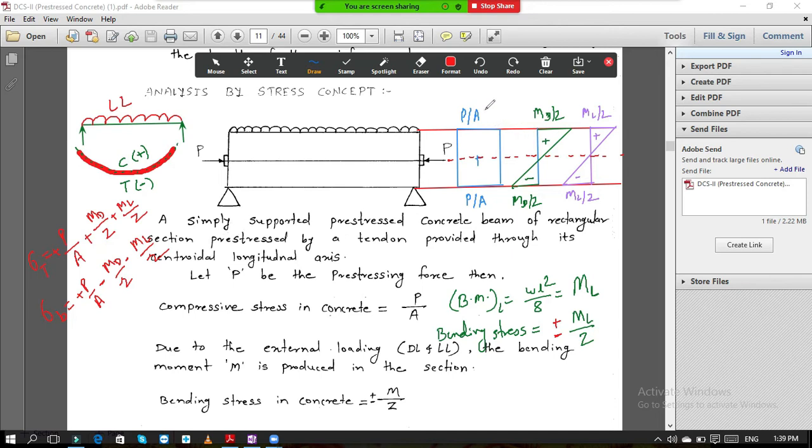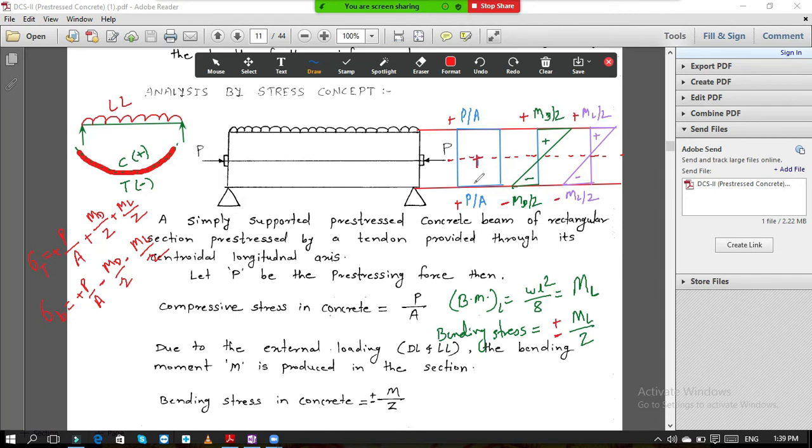So see, this P by A is plus throughout. It is plus at top and plus at bottom also, but this MD by Z is minus at the bottom. ML by Z is also minus at the bottom.